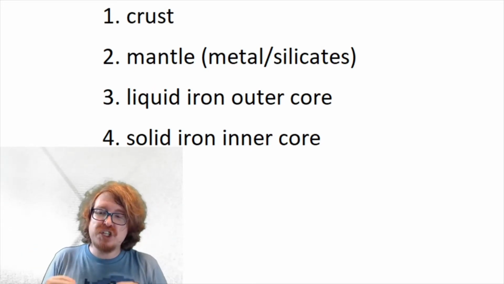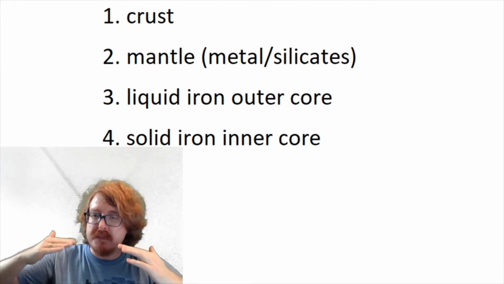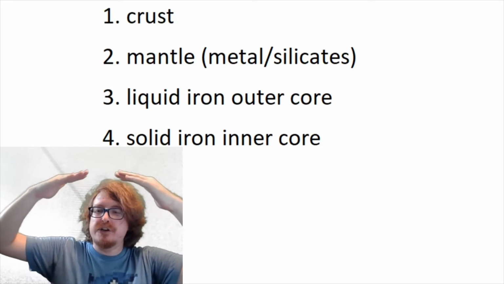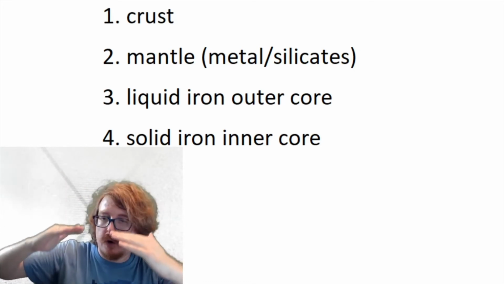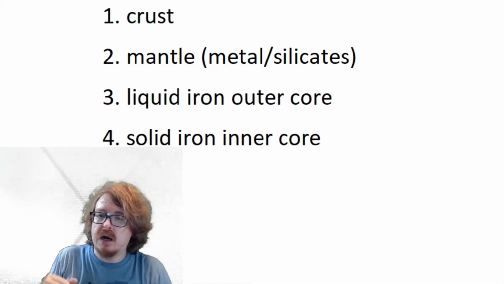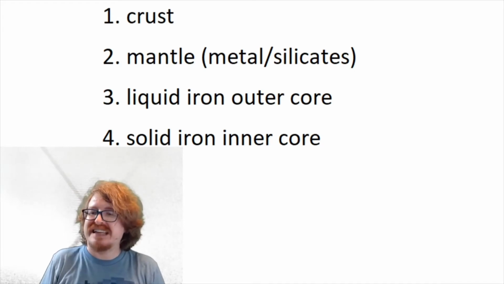So, in general, what happens to the amount of silicates as you come towards the crust? You get more and more silicates as you go towards the crust, and as you go towards the core, you get more and more metal, more and more iron, for example. And the reason for that is, if you remember, when the planets formed, they first started as liquids.